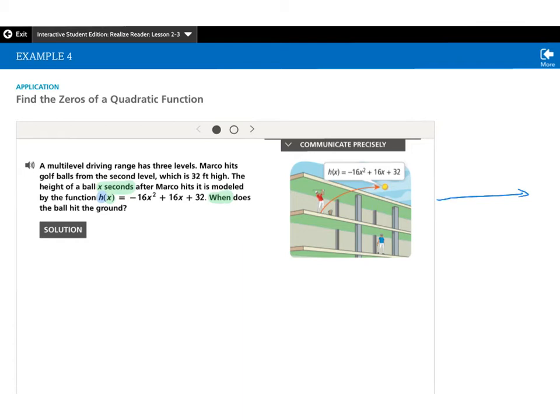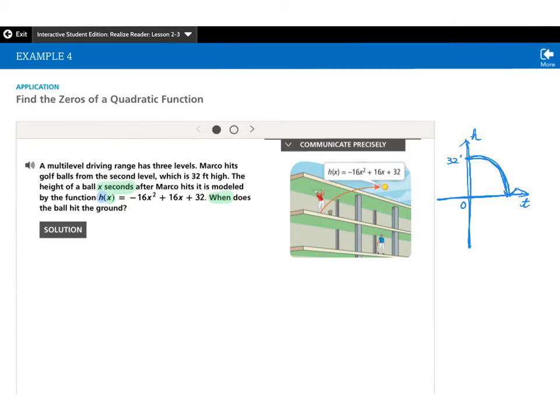If I have a coordinate plane and the travel pattern of this ball is something like this. If this y-axis is height, 0 is the ground. The y-intercept would be 32 feet high. So this is the height, right? And x is my t, my time. So this parabola describes a relationship between height and time.